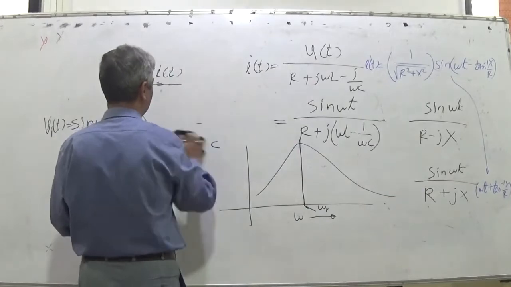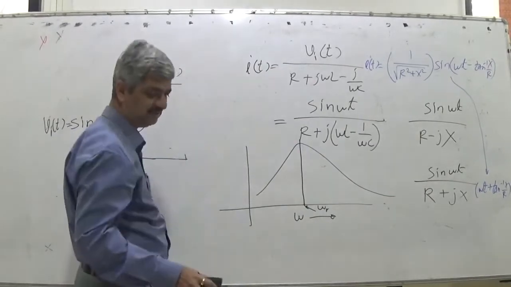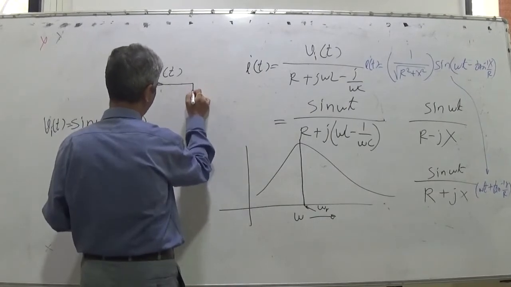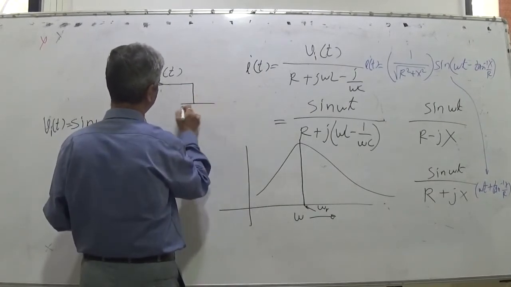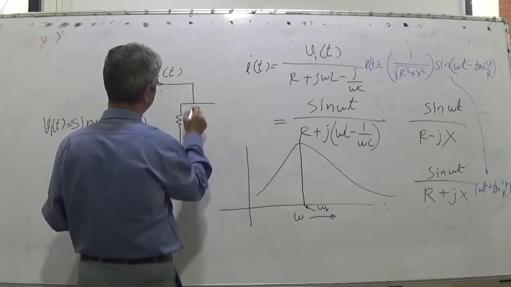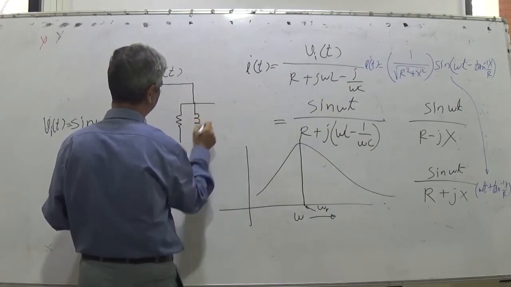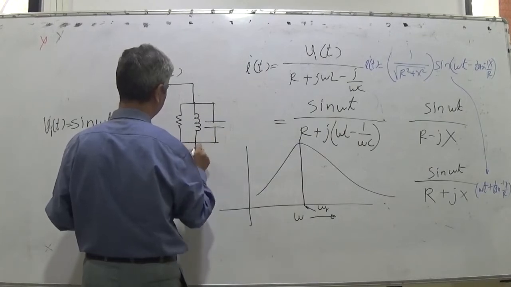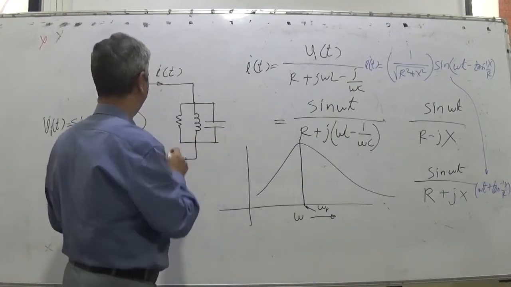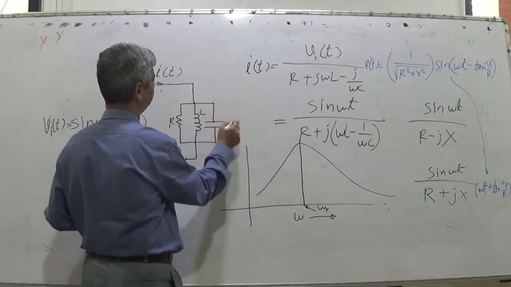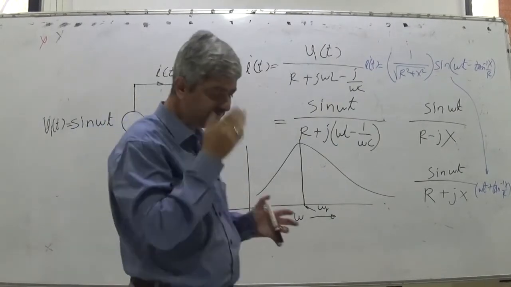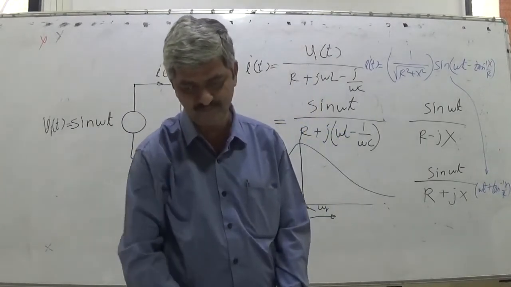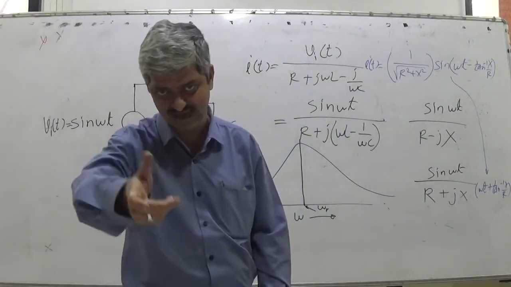Now if we go for the RLC parallel resonance circuit, what will happen? Again, it is not so difficult. What happens is that in parallel resonance, the exact reverse thing happens.